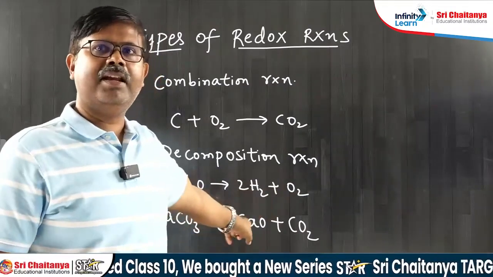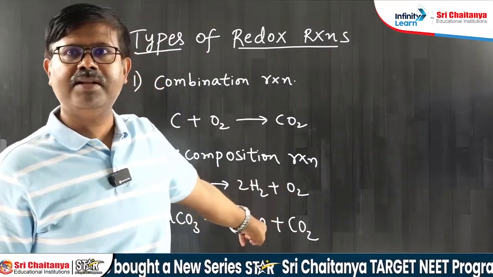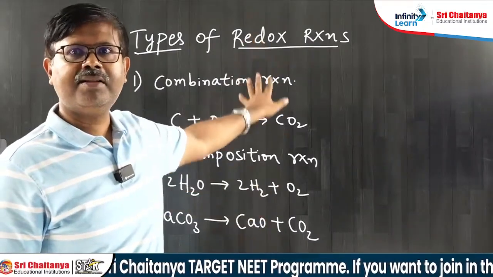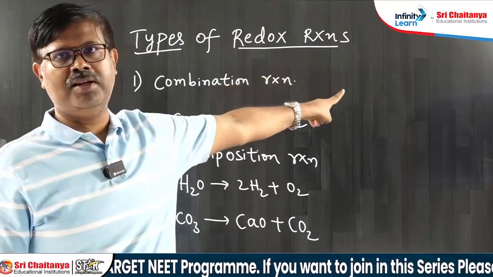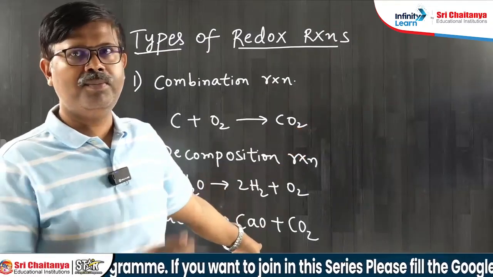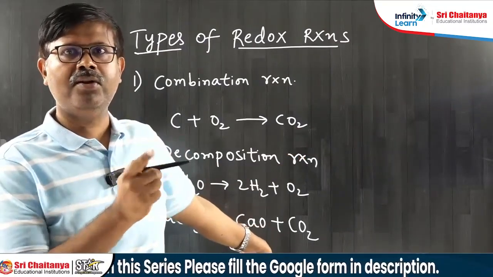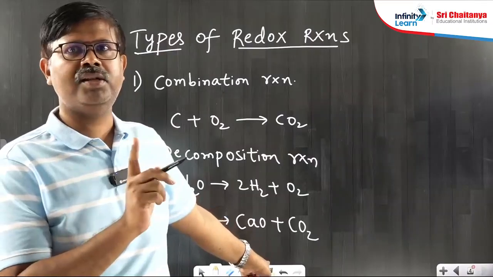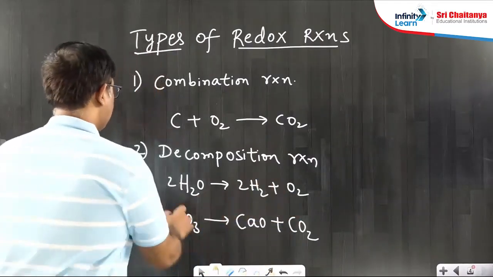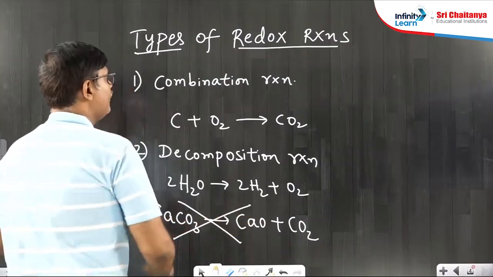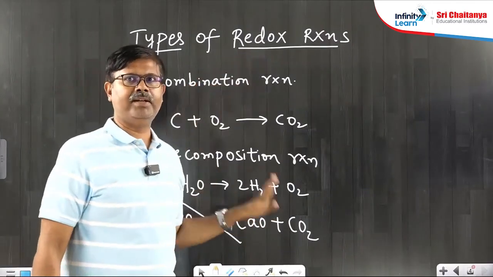This is a decomposition, but we should not discuss it as an example here, because all examples should belong to redox reactions. CaCO3, in the beginning we have seen, is a non-redox decomposition. Oxidation states are not changing. Therefore, this is definitely a decomposition, but it will not be a redox reaction type here.